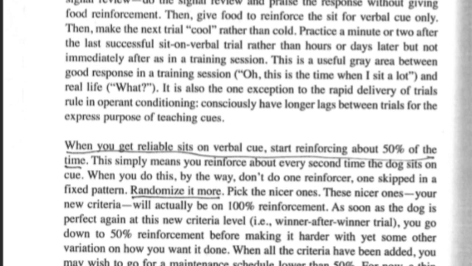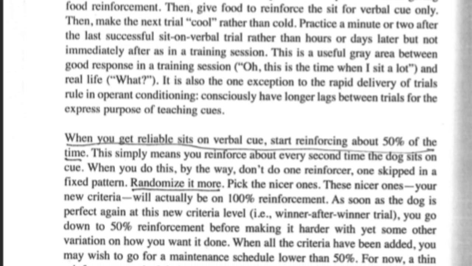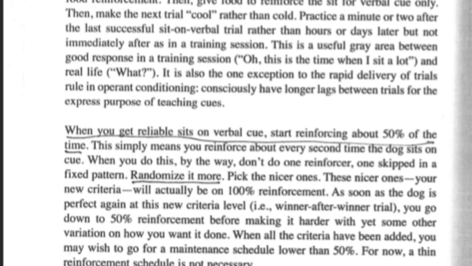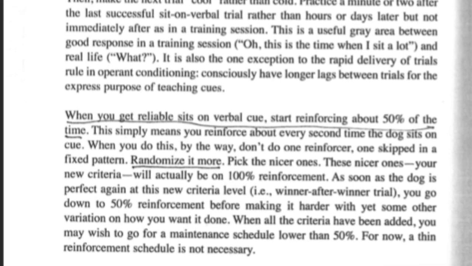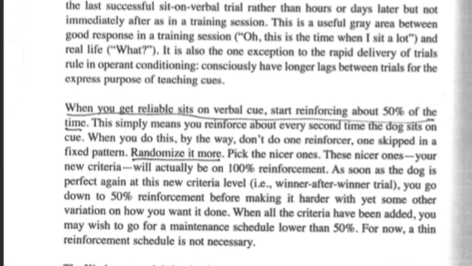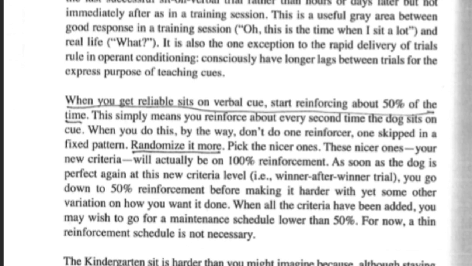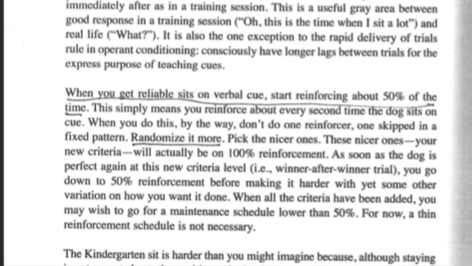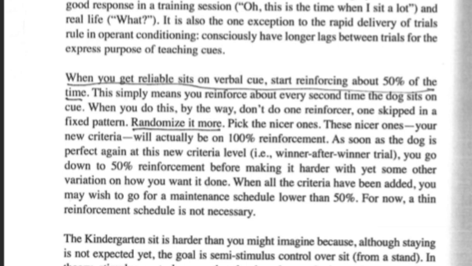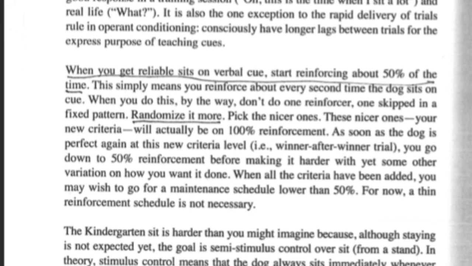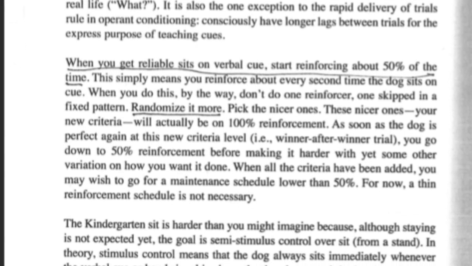When you get reliable sits on verbal cue, start reinforcing about 50% of the time. This simply means you reinforce about every second time the dog sits on cue. When you do this, by the way, don't do one reinforcer, one skipped in a fixed pattern. Randomize it more. Pick the nicer ones. These nicer ones, your new criteria, will actually be on 100% reinforcement.